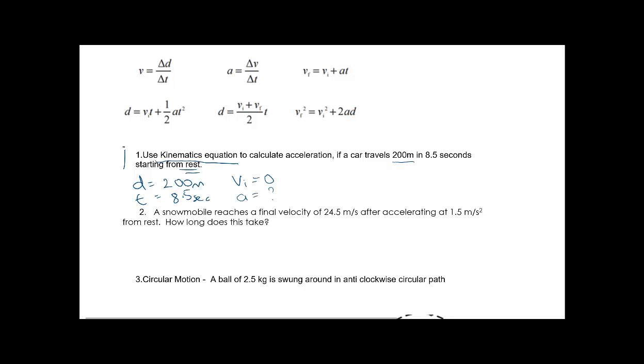So when you start looking at these equations, you're looking for one that's going to work for you. So which ones have the distance in it? Well, this one has distance, this one has distance, and this one has distance. Now, we're not going to be using these ones because they're just your normal equations which don't necessarily apply to situations where you have a constant acceleration. In this one we need to know the final velocity, which we don't know, and it doesn't have acceleration in there either.